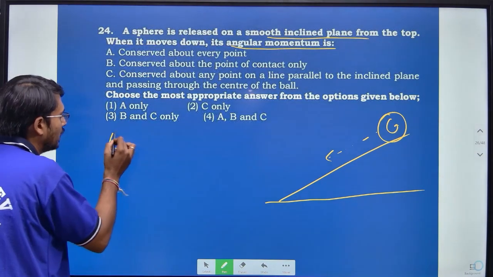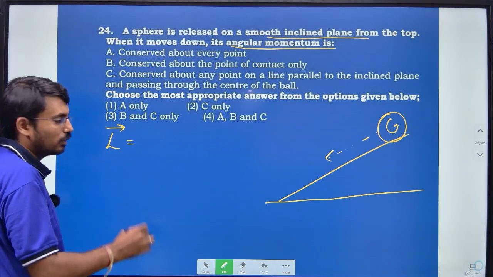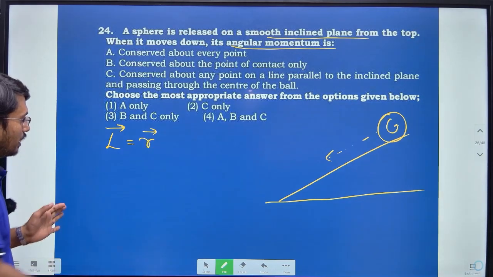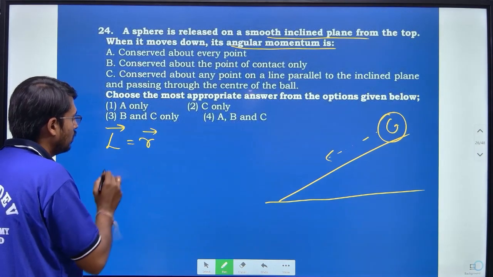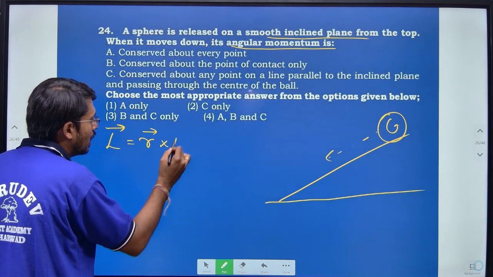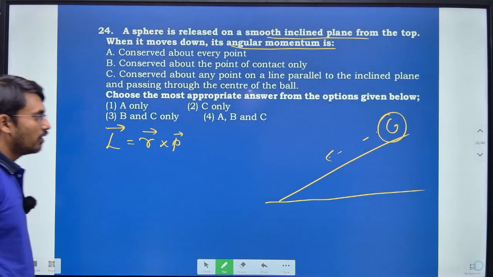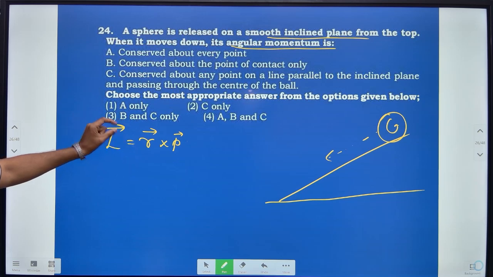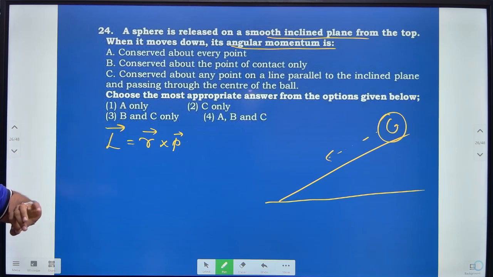What is the equation for the angular momentum? The very general equation I am writing. For any particle which is moving with some velocity, we write it as L vector equals R cross P, where R is the position vector, that is defined from the center of the reference frame.